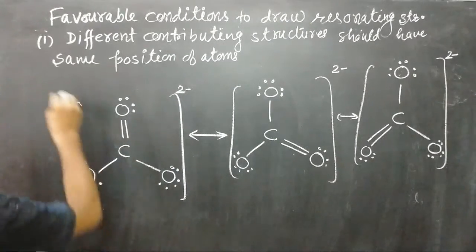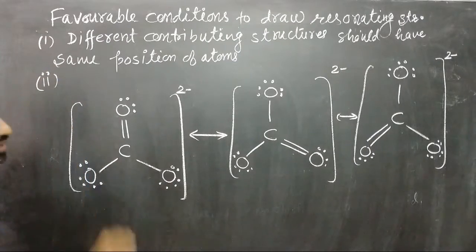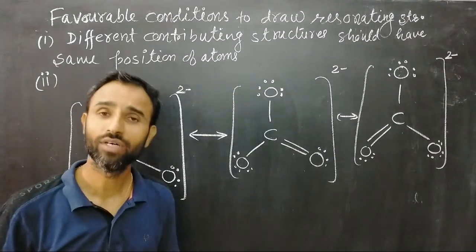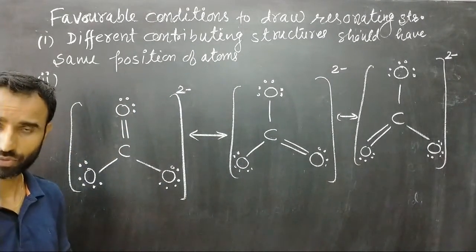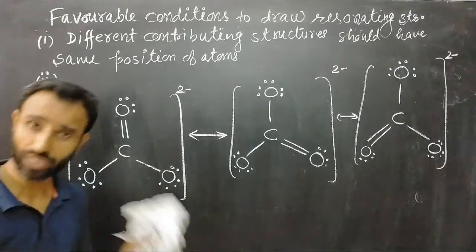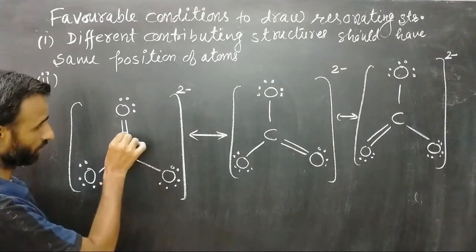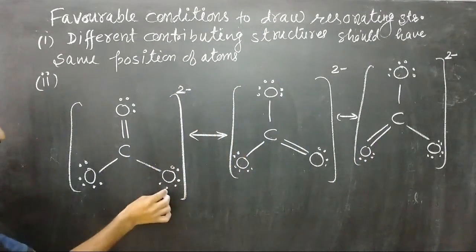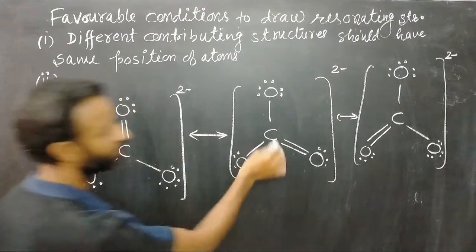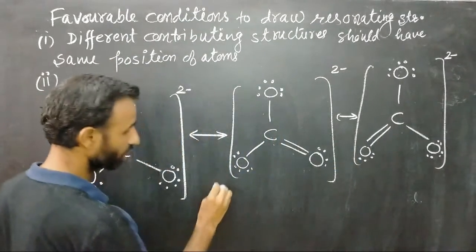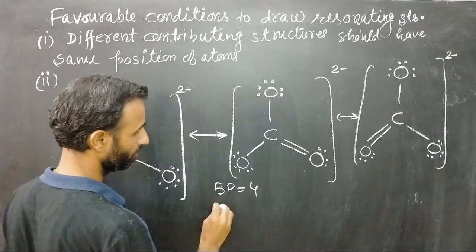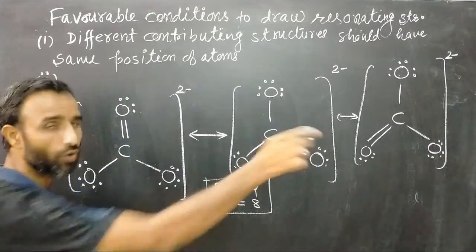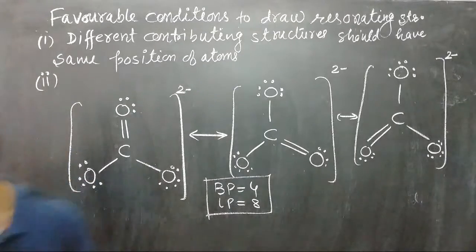But there is a change in the position of bond pairs and lone pairs. But the number remains the same. Bond pairs 4, 4, 4. Lone pairs 8, 8, 8. In all the resonating structures, bond pairs are 4 and lone pairs are 8. It's true for all the structures, but the distribution is different.